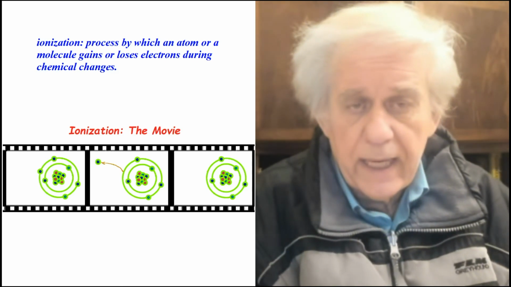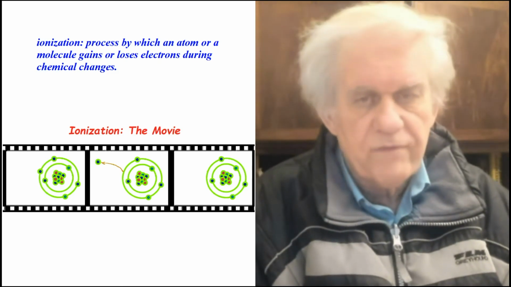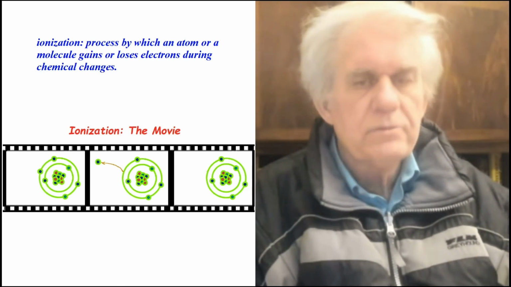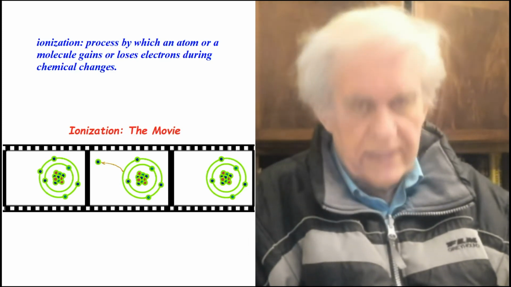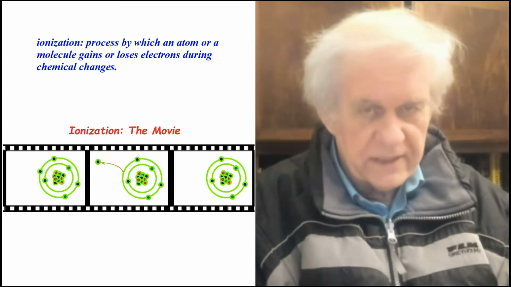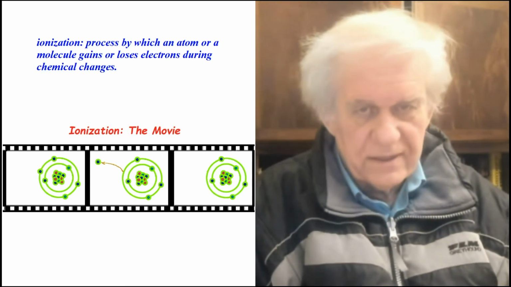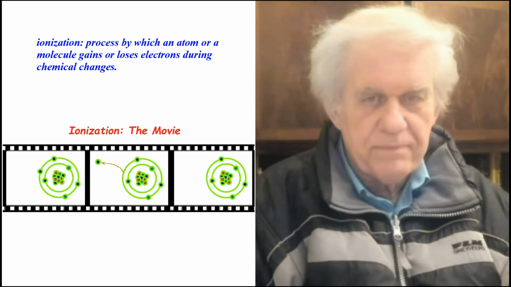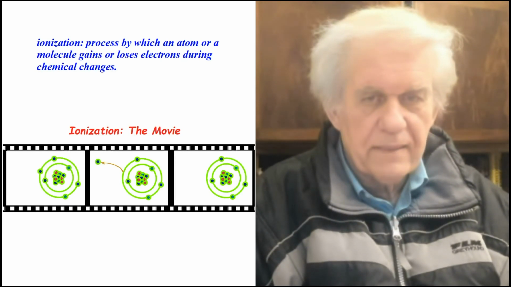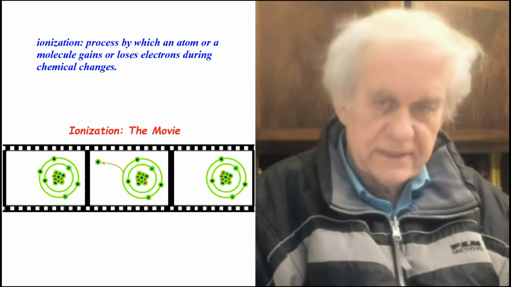And in order to understand ionization, you need at least two frames of the movie. You need to remove, in this example, an electron from the atom. And so removing is a verb. If plasma is the removal, then we have a problem. Plasma being a state of matter, because plasma is something in motion, so it cannot be a state. Call it whatever you want, but it's not a state.